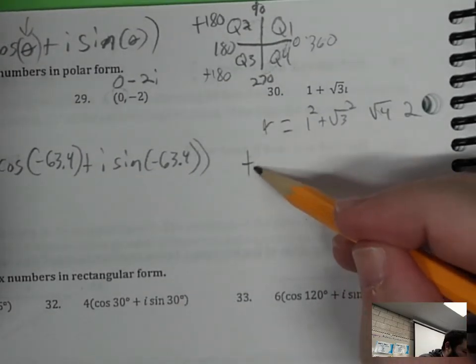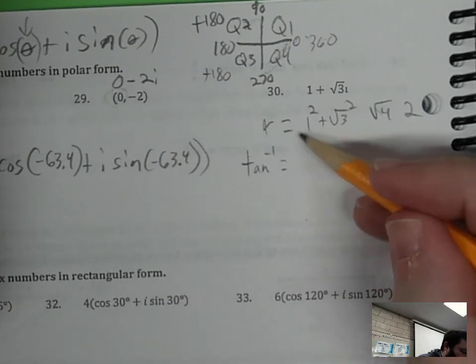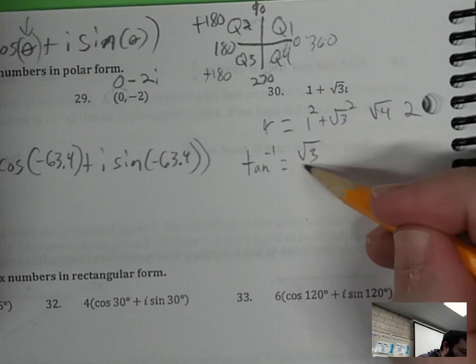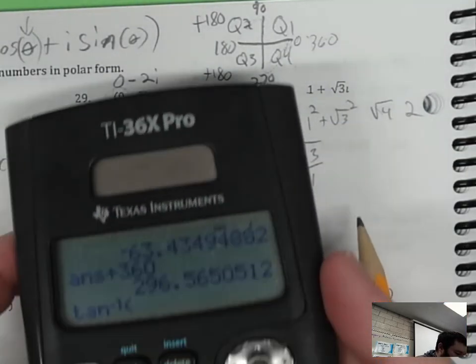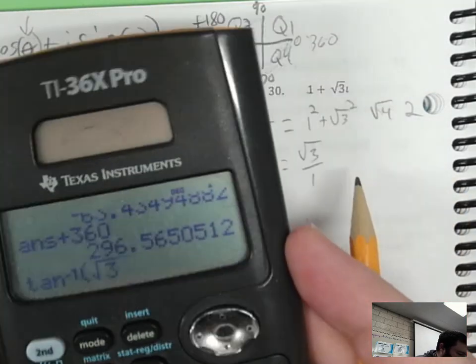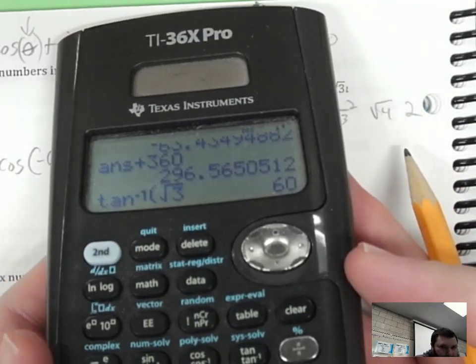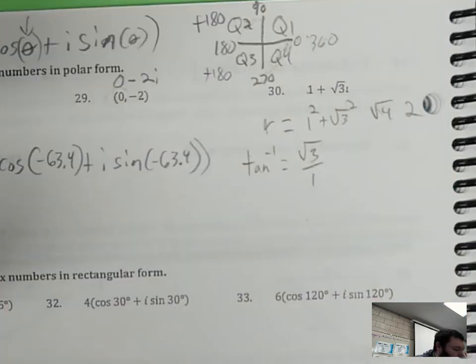Then I would do the inverse of tangent, which is going to equal opposite over adjacent, so square root of 3 over 1. So literally just the square root of 3. So inverse of tangent, square root of 3. And I just put it as the square root of 3 because I know that's the square root of 3 over 1.